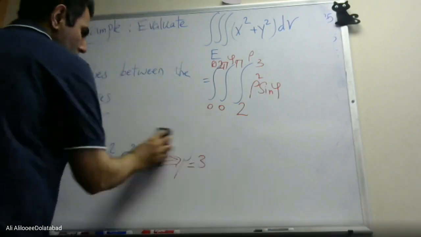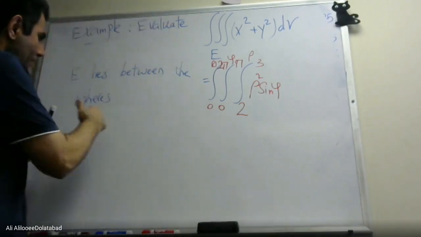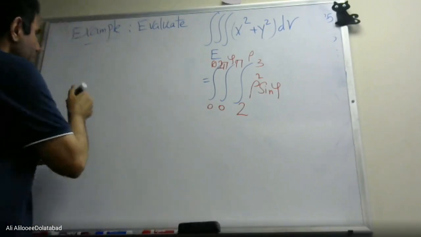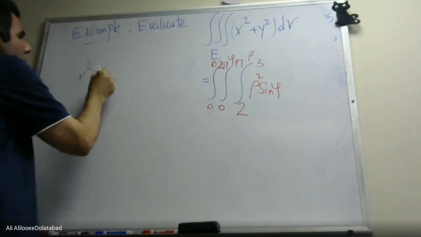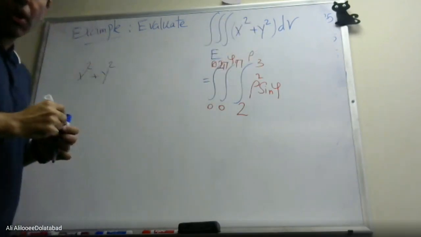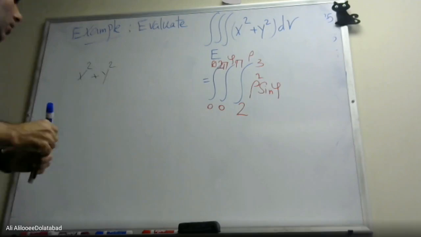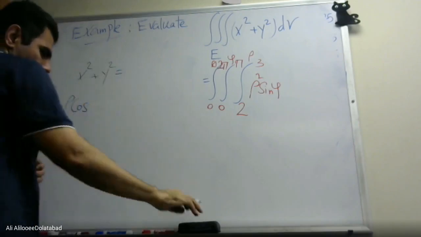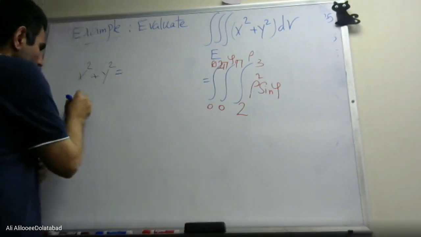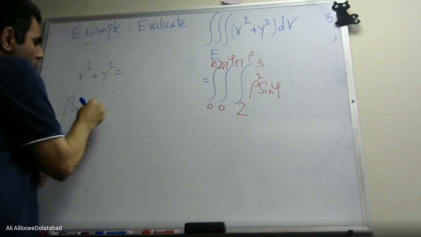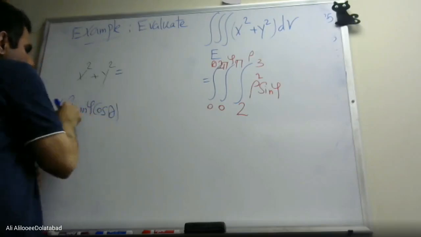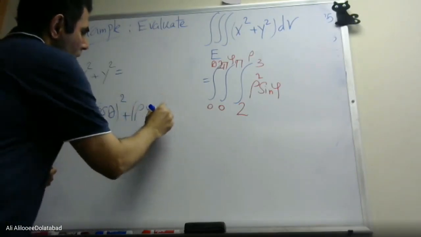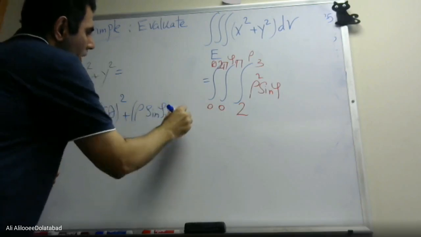Then what is x? x is rho sine of phi cos of theta. What is y? y is rho sine of phi sine of theta.